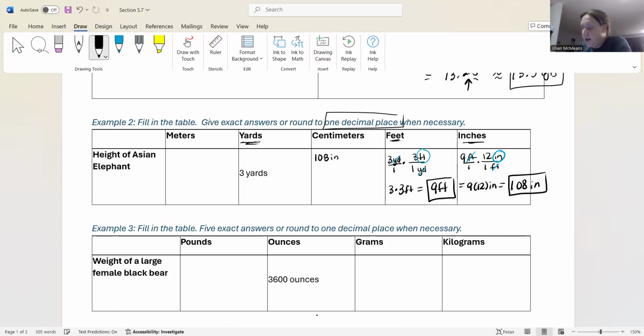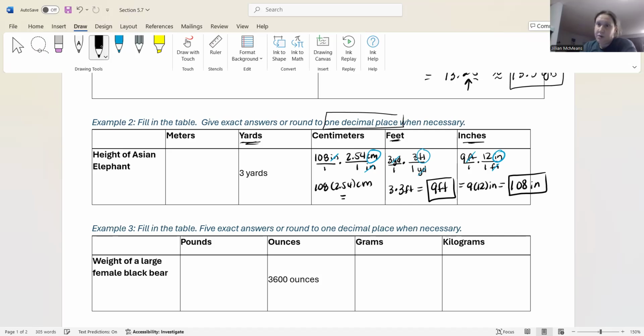So we have 108 inches, and we're going to write a unit fraction relating inches and centimeters, and there are 2.54 centimeters for each inch. We want inches to cancel, so the actual unit inches cancels, and we're left with centimeters in the numerator, which is exactly what we want. So I get 108 times 2.54 centimeters.